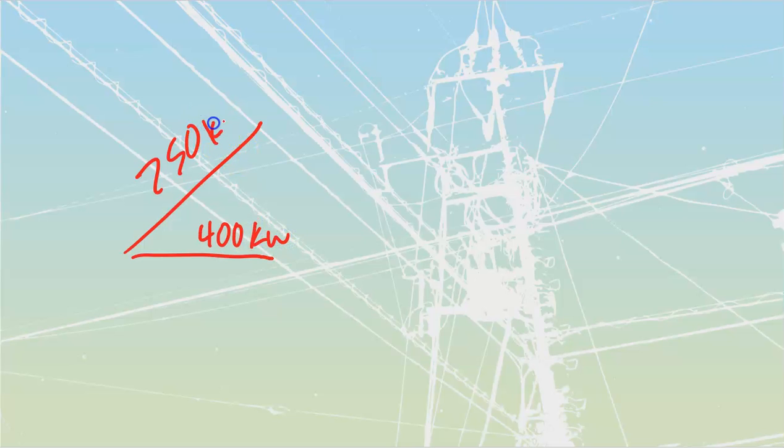This one over here, we can do the same thing if we really want, or we can go into Pythagoras. So draw these ones out over here. It's 750. And then this is 400 kilowatts. This is going to be my kVA over here.